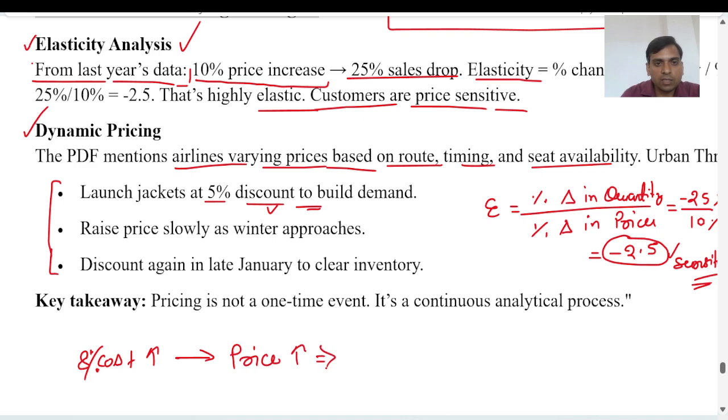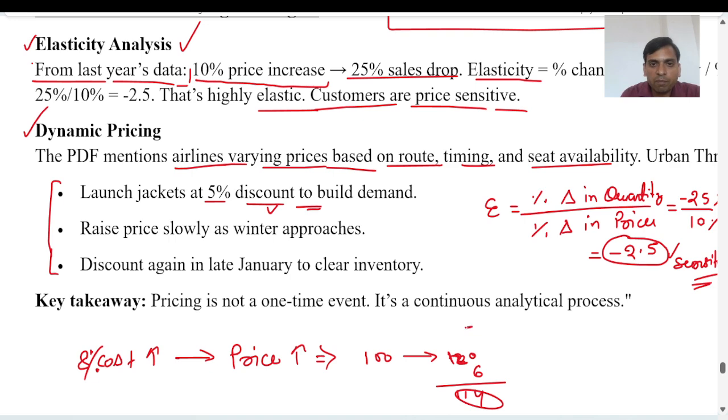Now suppose the earlier price was 100 rupees. After the increase in cost, you fix the price at 120 rupees. Now you can give a discount on that price. If you give a 5% discount, that is 6 rupees off, so the product price is 114. Now there are two concepts: one is the economic concept and the second is the psychological concept.